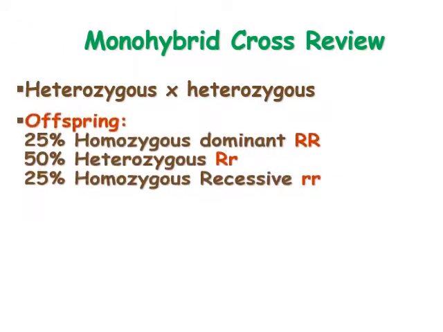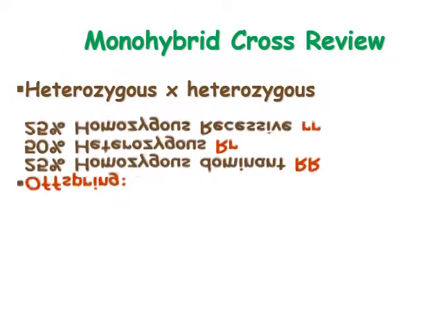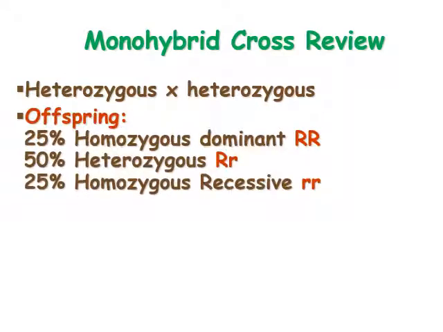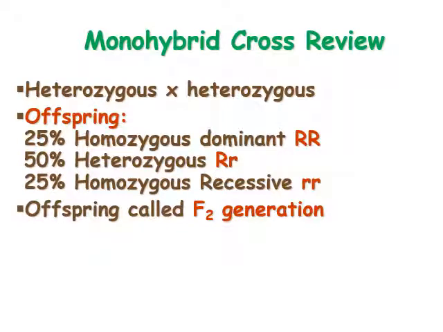In other words, crossing a heterozygous parent with another heterozygous parent, we get offspring which show 25% homozygous dominant, represented here as capital R capital R, 50% heterozygous, namely capital R small r, and 25% homozygous recessive, represented here as small r small r.